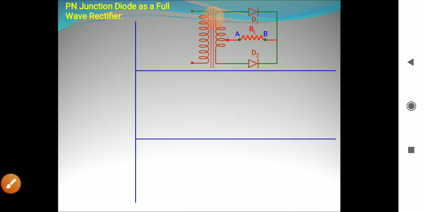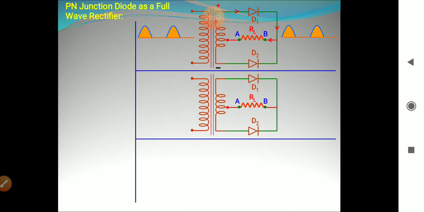Now you can see the positive and negative side. When the positive input is given, D1 is forward biased and output is obtained across this load. The current passes from B to A, but in this situation D2 is reverse biased, so no current passes through it.